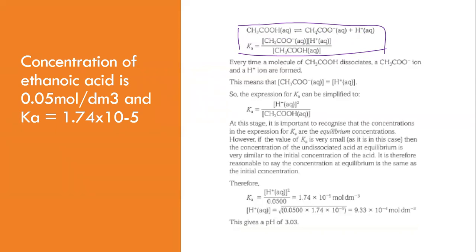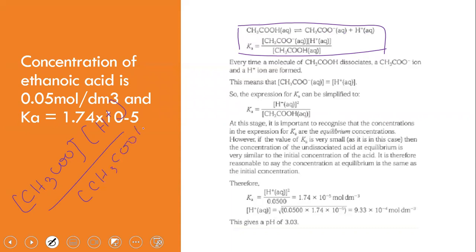So the concentration of the negative ion and the positive ion is exactly the same. So step number 1, I write down my expression for the dissociation constant. After writing this down, I realize that the concentration of the hydrogen ion and the concentration of the negative ion will be the same.